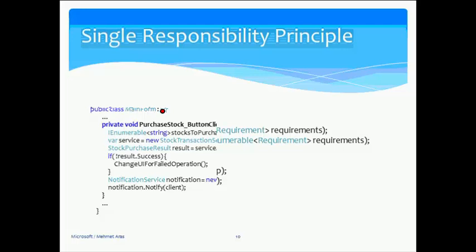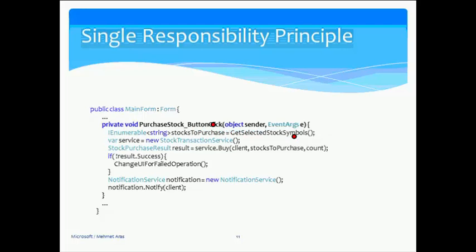So on the button click event handler, we are getting the selected stock symbol. Apparently the user has entered the stock that he or she is interested in on the UI. We are getting the selected stock symbol, and we have a stock transaction service that allows us to buy it. And then once that purchase operation is successful, we are changing the UI for either failed or success operation.